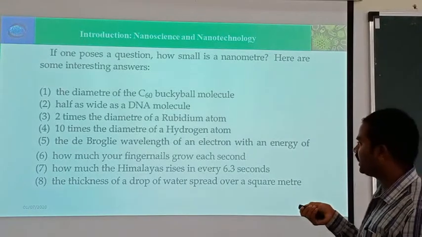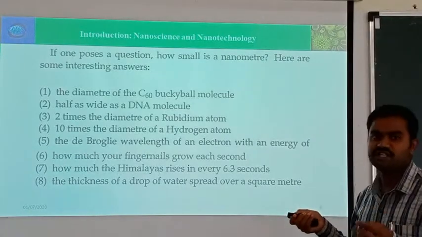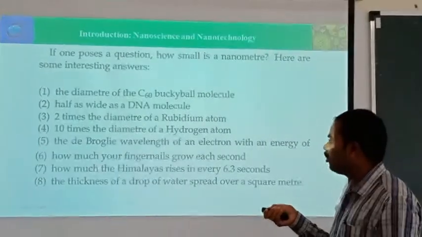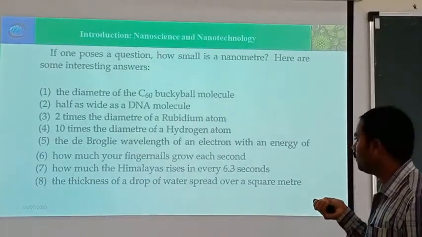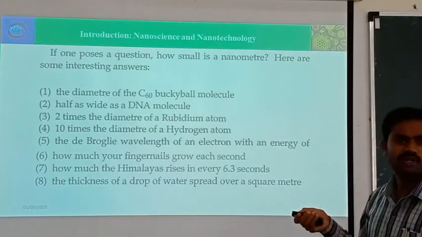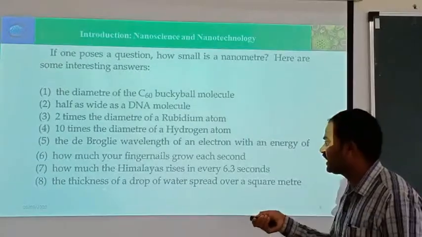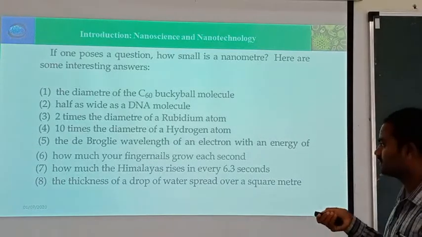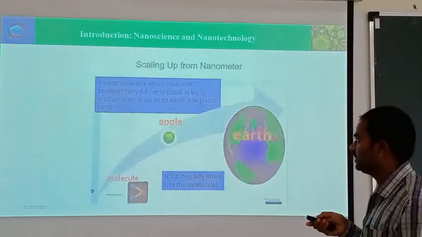How much your fingernail grows each second is about 1 nanometer per second. How much the Himalayas rise in every 6.3 seconds is also approximately 1 nanometer. The thickness of a drop of water spread over a square meter is also in the range of nano.